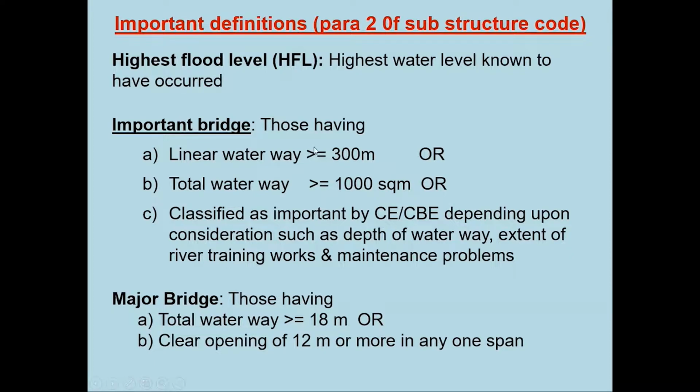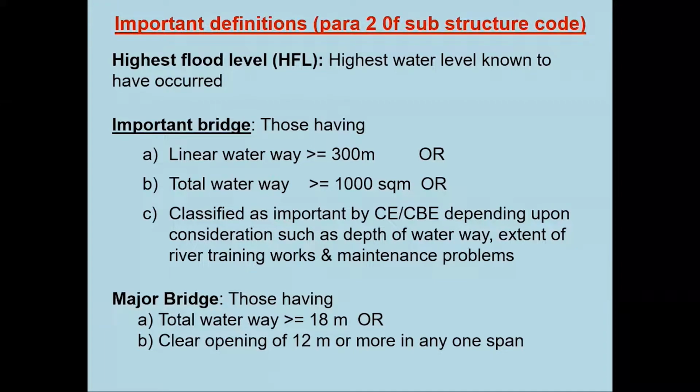Then the bridge definitions: everybody is aware of what an important bridge is and what a major bridge is. A major bridge is more than 18 meter span, or a clear opening of 12 meter or more in any one span.